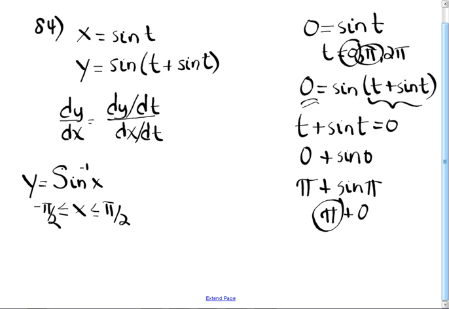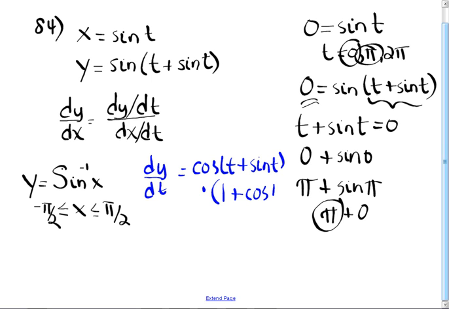So should we find dy/dt? We're going to run out of time here. dy/dt is the cosine of t plus sine of t times the derivative of the inside, which is 1 plus the cosine of t. What's dx/dt? That's easy.